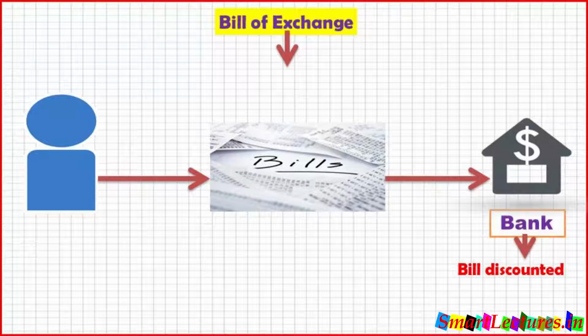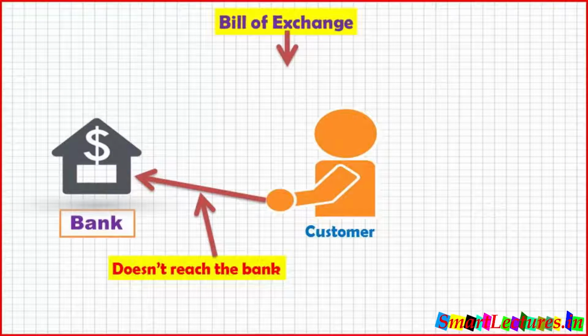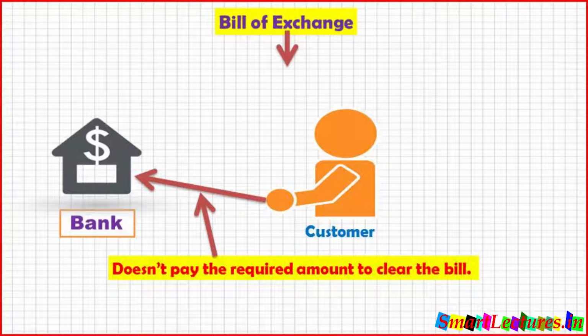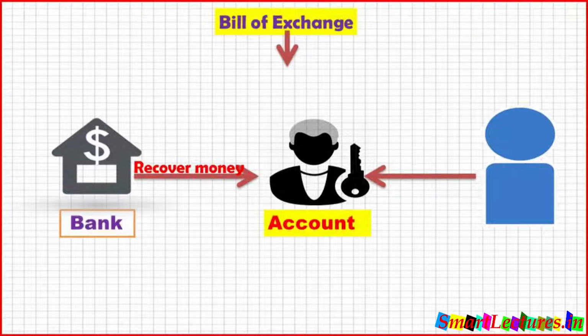Means this bill was for 1,700. We are not concerned about how much we got 3 months ago. But on due date, our bank needs money from the customer, that is 1,700. If our customer doesn't reach the bank and doesn't pay the required amount to clear the bill, bank immediately will recover money from our account.